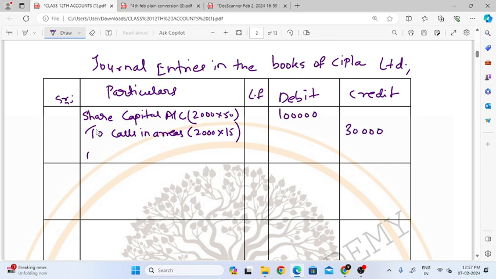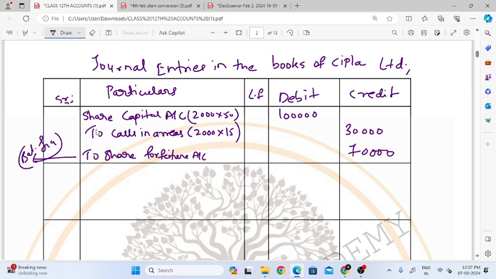Then to share forfeiture account. This will always be your balancing figure. To share forfeiture account. So 1 lakh minus 30,000, which will give you 70,000.